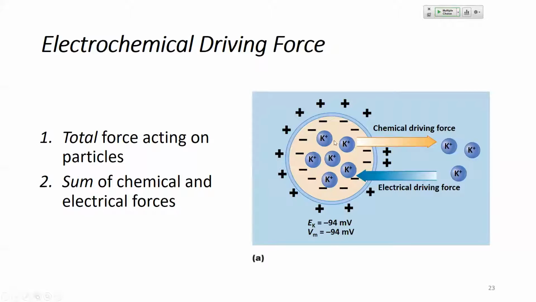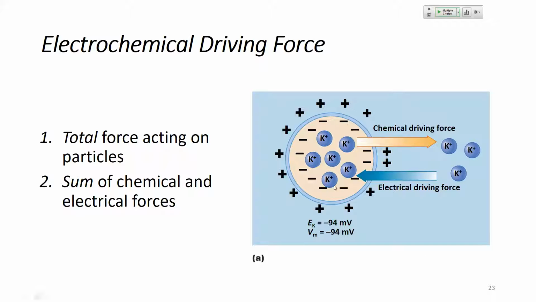So it's more negative inside and it's more positive on the outside. Now, in this scenario, we're taking the movement of potassium into account. And as you can see, there's a concentration gradient for potassium where there are 6 potassium molecules inside the cell, and then there are 3 outside. So we have a concentration gradient established here.